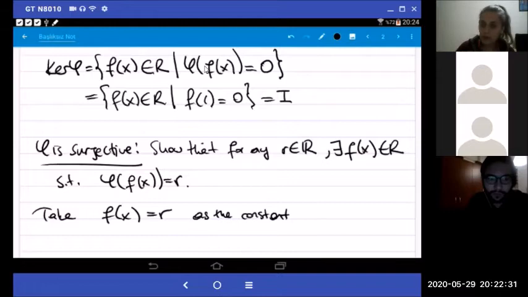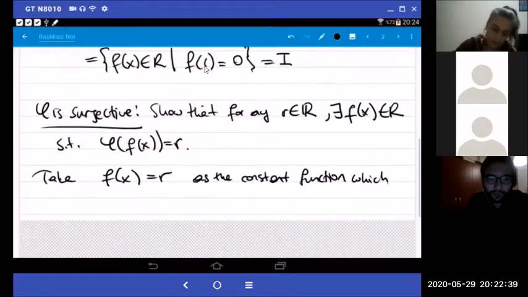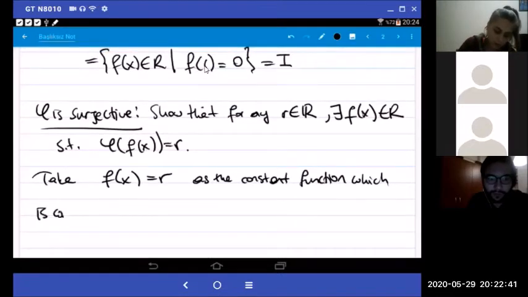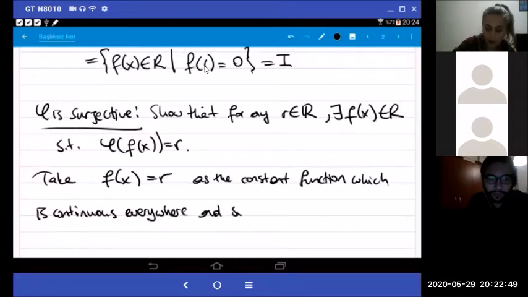So this is an element from the ring, which is continuous everywhere, and so f of x equals R lies in the ring.